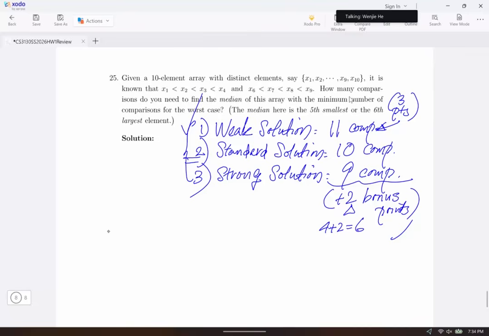All right. So for the weak solution, we have this 4-element ordered chain. X5 is here. Another 4-element ordered chain.